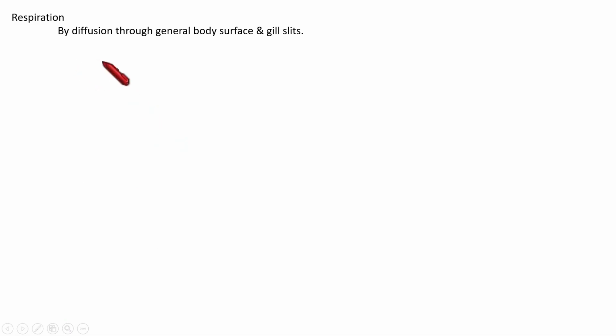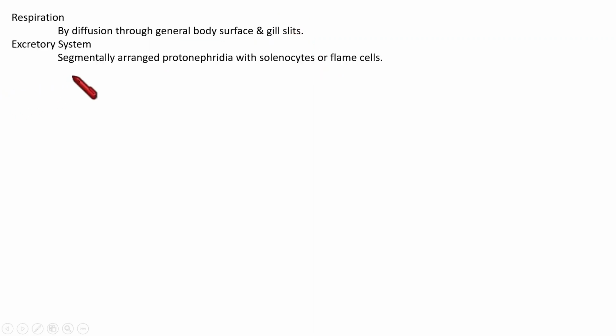Regarding respiration, how does it respire? It respires through the general body surface and also with the help of gill slits, through the water that enters the gill slits. The excretory system works with the help of protonephridia. Protonephridia is a structure we learned in detail in our former SEM 1, including the working of flame cells, so I am not going to explain it once more.